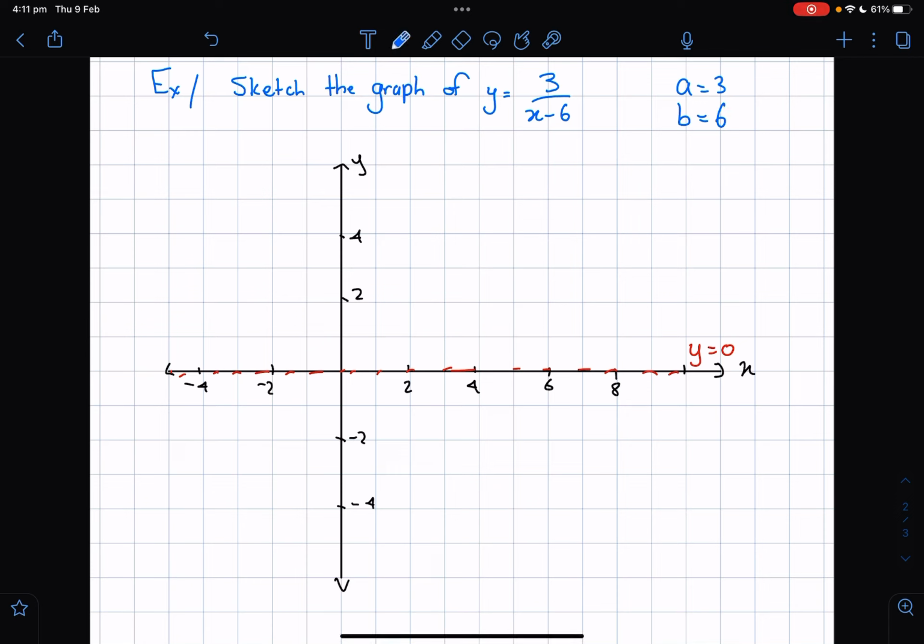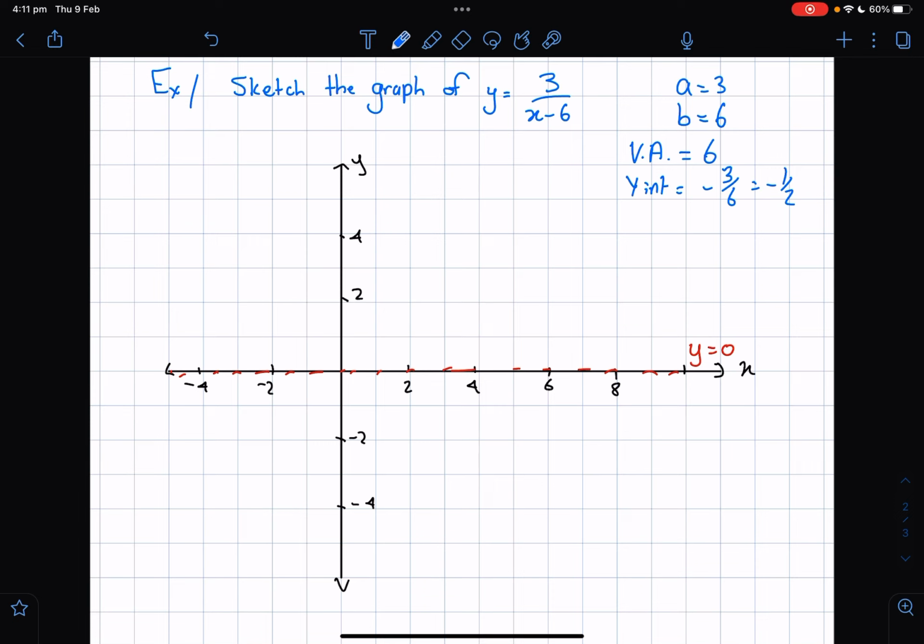Now, our vertical asymptote is equal to 6, because it's just equal to b. And our y-intercept is equal to negative 3 over 6, which is negative 1/2. Okay, so we've got our key information.